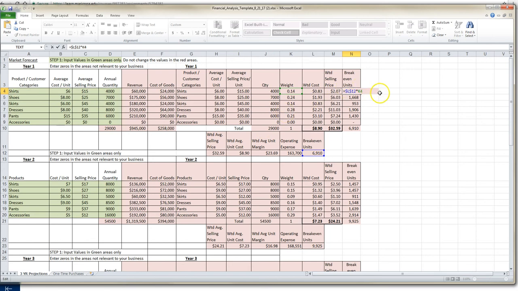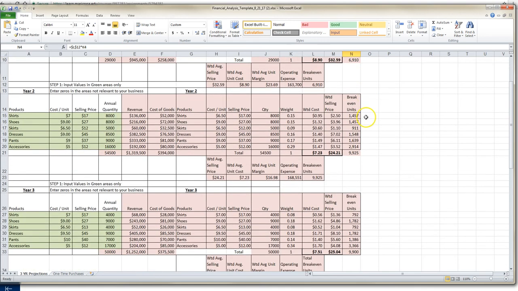And we're essentially saying we need to sell 953 shirts in order to break even. And this gives you an idea of what your product line sales needs to look like in order to break even. Now, of course, there are a lot of other combinations of units that you can get in order to break even, but this is a reasonable approximation.